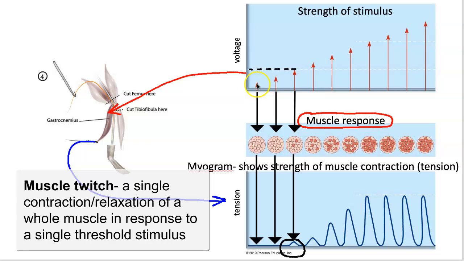Any voltage that's lower than what we call threshold will not elicit a response, but as soon as we dialed up the voltage to the threshold level, it did elicit a response. And that single response to the single threshold stimulus is what is known as a muscle twitch. So let's take a closer look at just that.